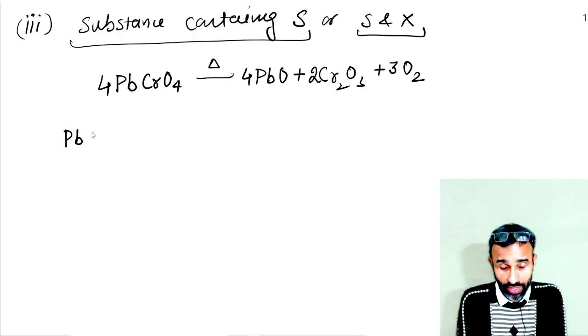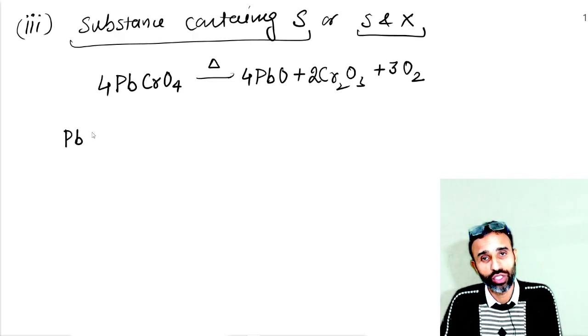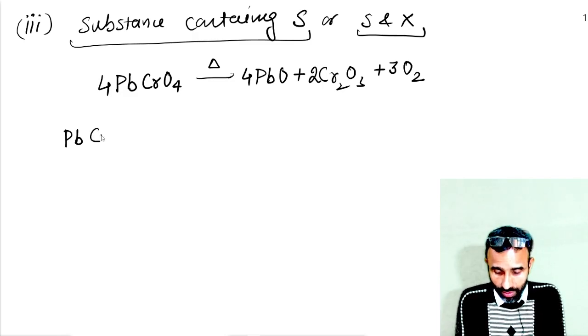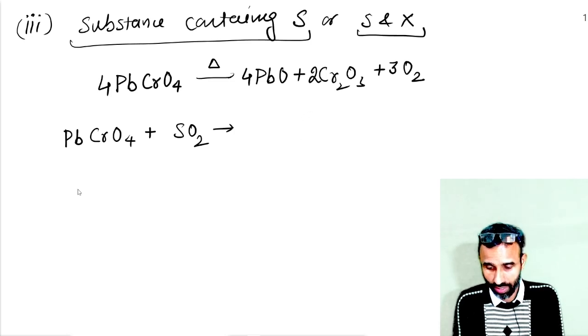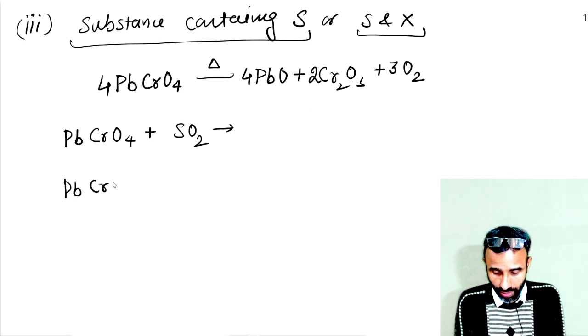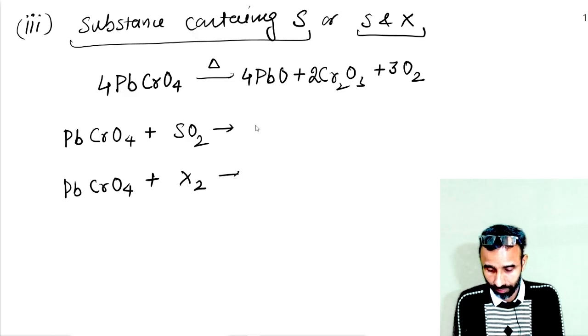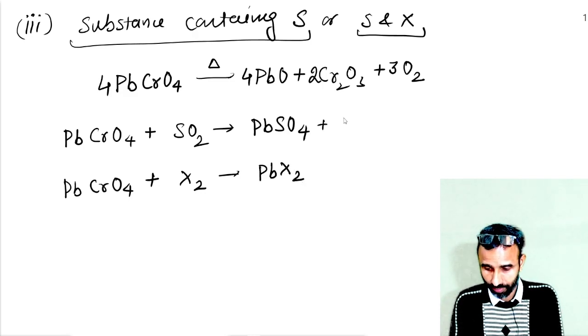Sulfur dioxide is also soluble in KOH, but lead chromate reacts with sulfur dioxide, or even with halogen, and it will give lead sulfate, lead halide along with Cr2O3 and O2.